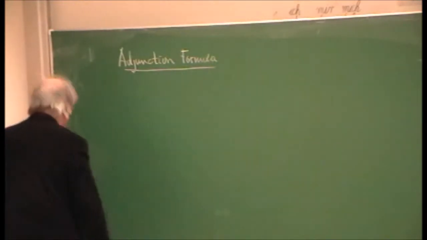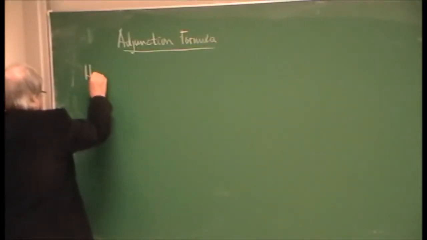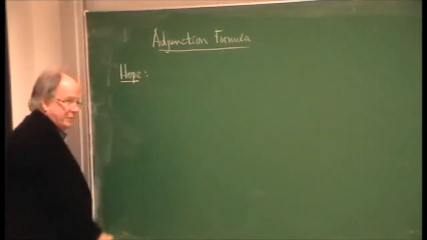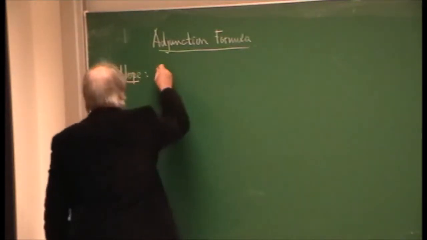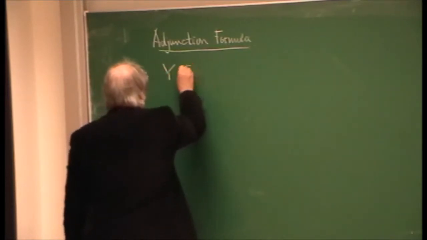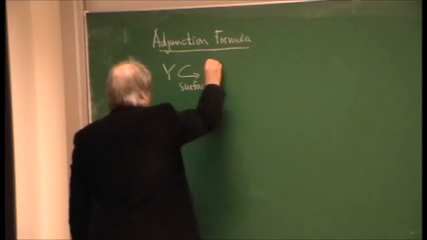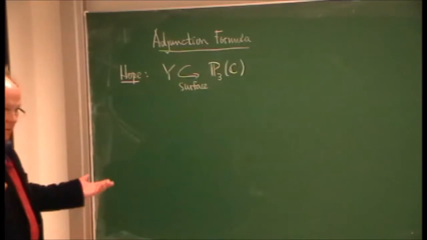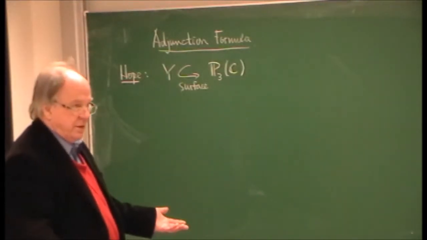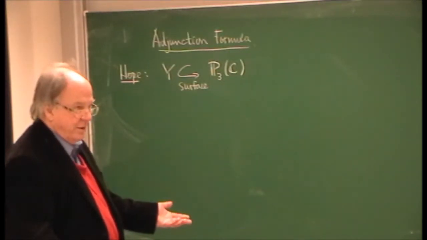So the background hope is this. For example, in our context here, let Y be a smooth surface in P3. I mean, P3 is a place you can go to, and if you're not stupid, the first place you're going to look is P3.